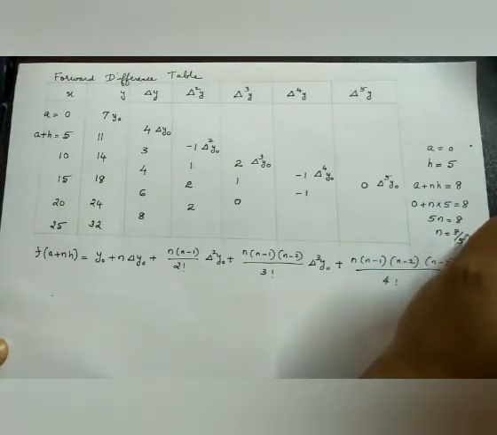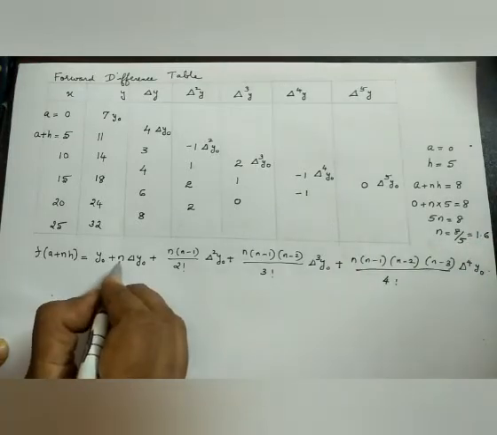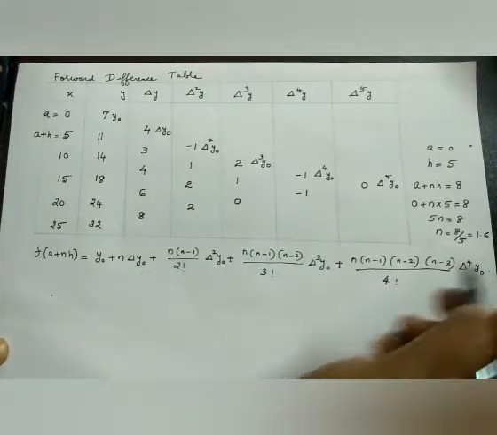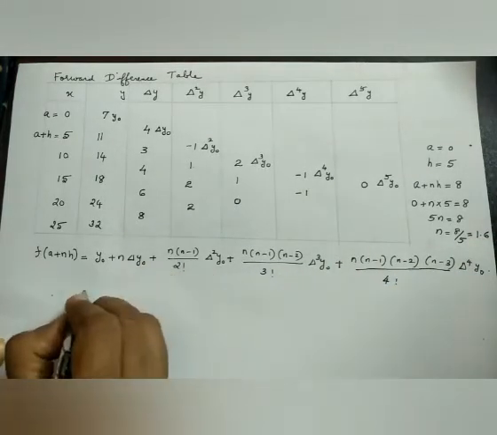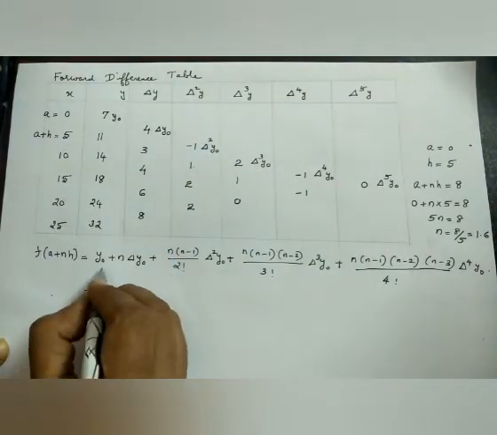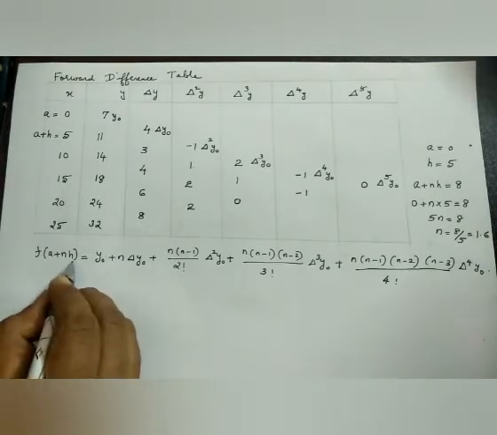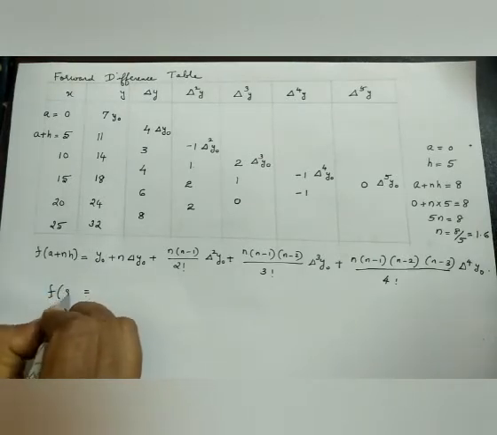We can calculate this using a calculator. It is approximately 1.6. Therefore here in the place of n we can substitute 1.6. Okay, the other values can be taken from the table. Therefore here we want to find out f of a plus nh, which means f of 8.